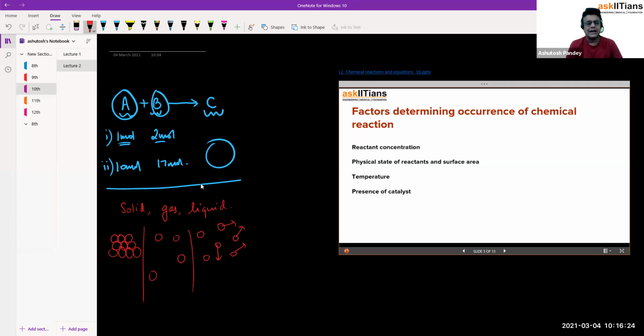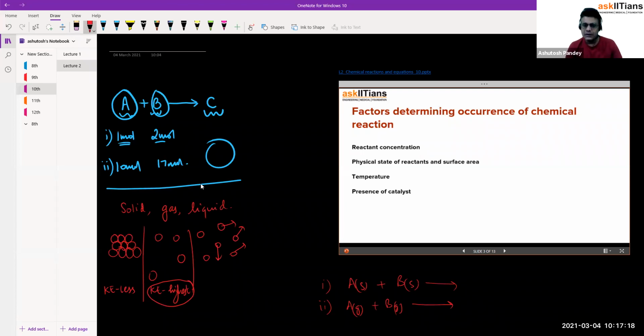So in solid the kinetic energy is less, and in gas the kinetic energy is highest. Since gas has the highest kinetic energy, whenever they are going to interact with each other, let's say in the first case a solid A is interacting with solid B, and in the second case gaseous A is reacting with gaseous B, in which of these two cases will the chemical reaction be more easy to occur?